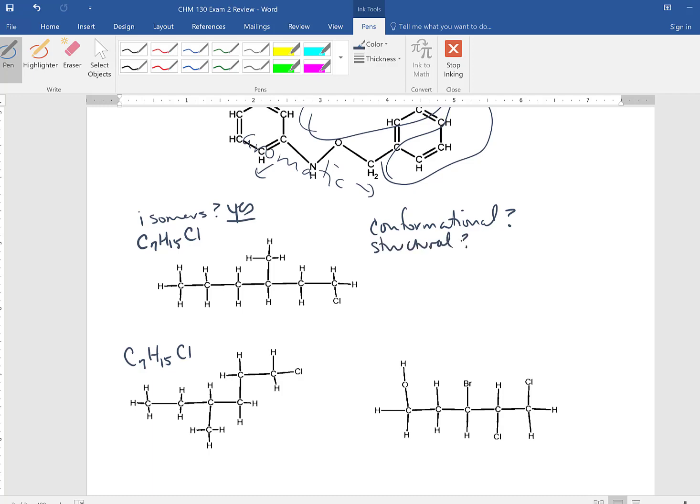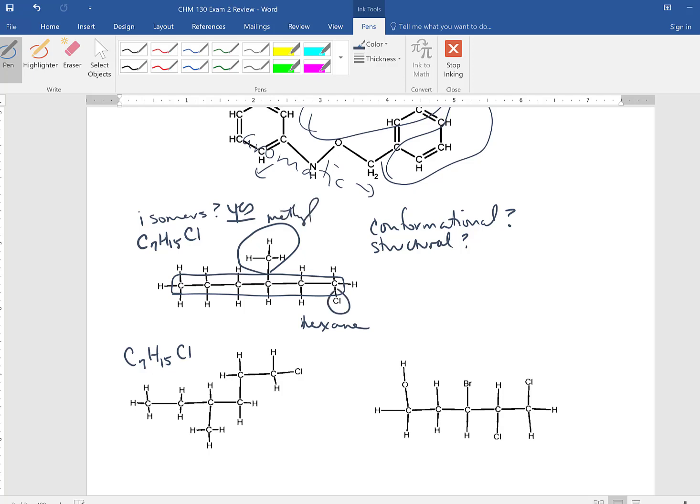Okay. And the easiest way to do that is to just figure out the name. So what's the name of the top one? It's not 7 carbons in the longest chain, 6. So it is a hexane. The group at the top, this is a methyl.